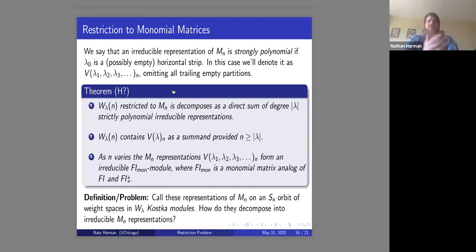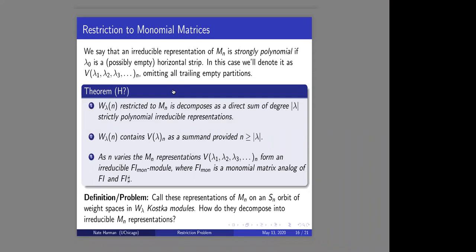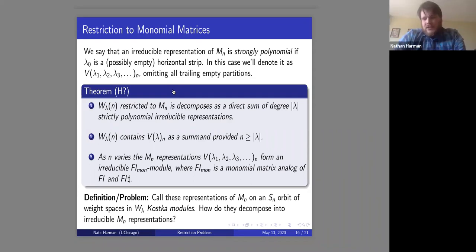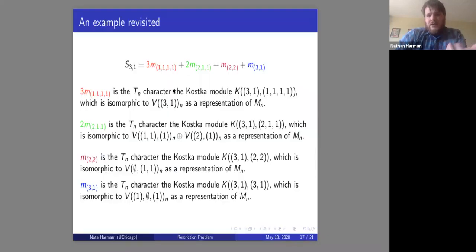And then this gives us a much finer grading on our representations, and we want to understand how they decompose. I'll wrap up here by showing the same calculation that I did for S_4 previously, but in this new language.